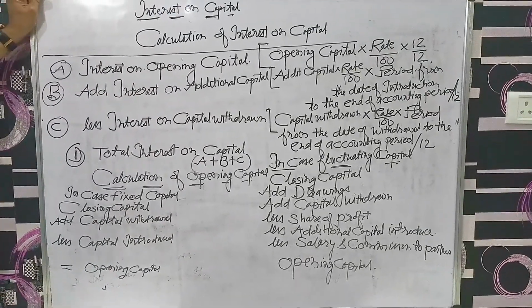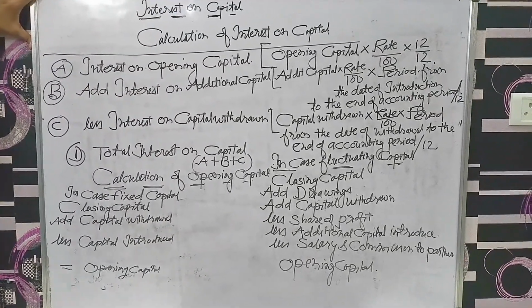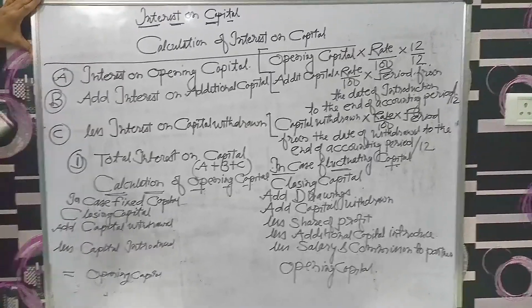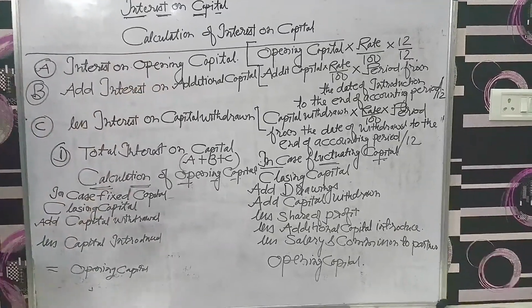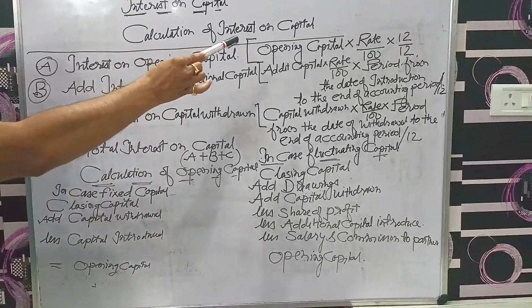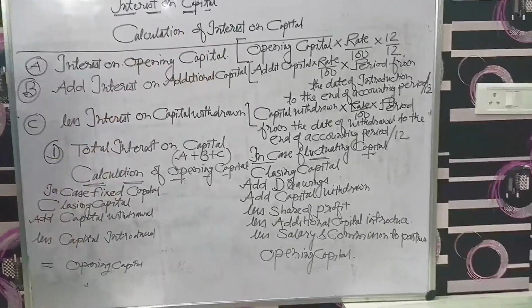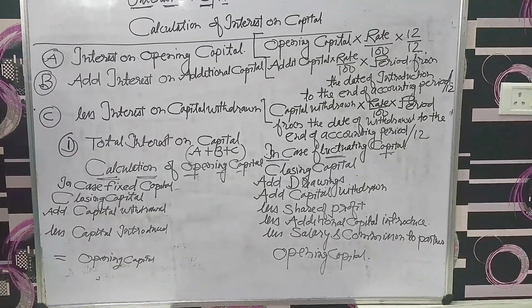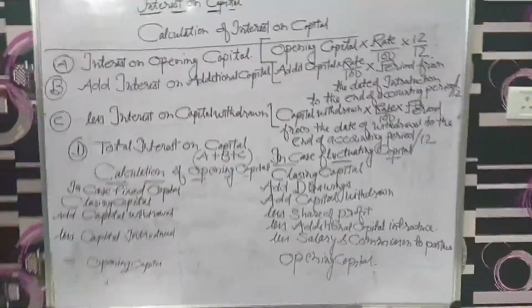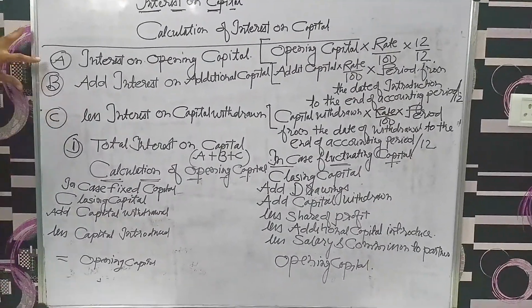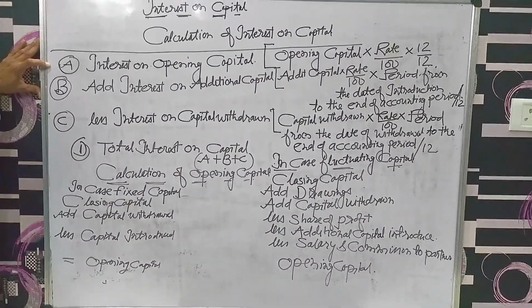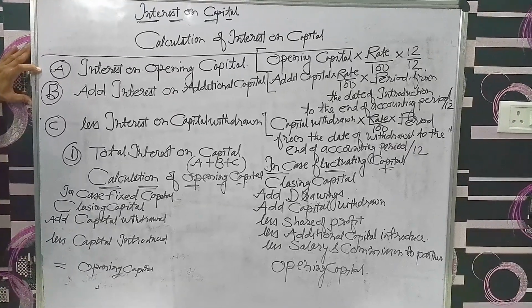A capital which is introduced initially, we have to calculate interest on opening capital. For this, opening capital into rate, whatever the rate of interest on capital given in the deed, upon 100 into 12 upon 12. That interest on opening capital we have to calculate for 12 months.